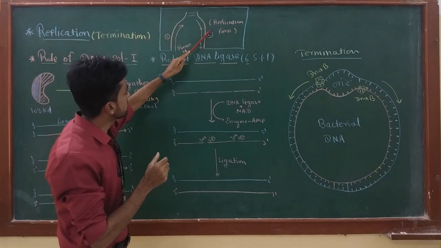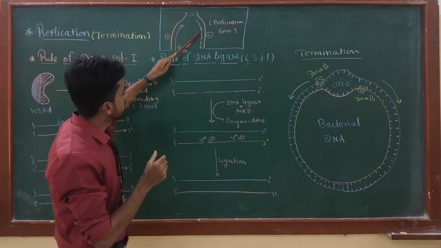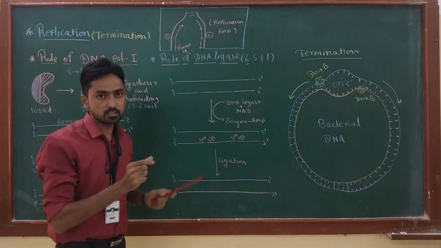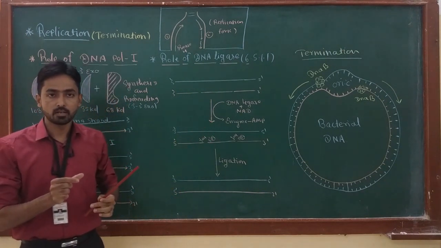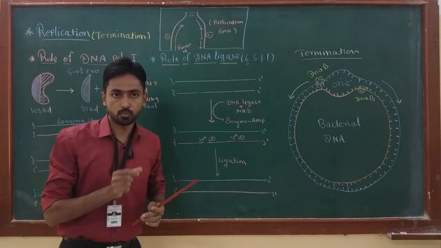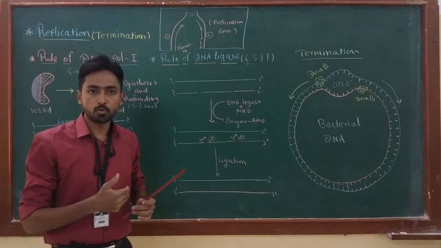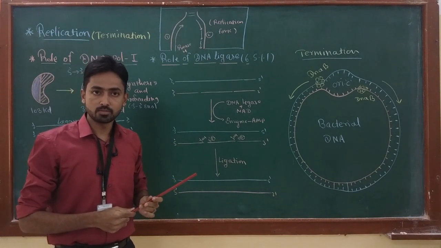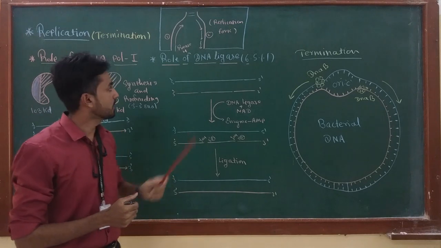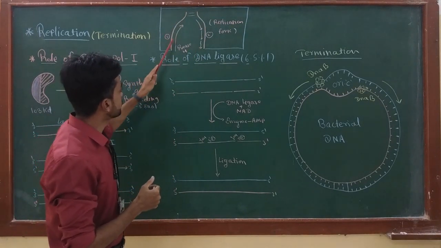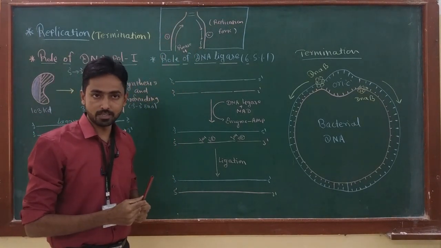While on the lagging strand, multiple primers are required. At the start of every Okazaki fragment, there is a primer which gives a 3' OH end to DNA polymerase 3 on the lagging strand. This type of structure is produced during the elongation phase.